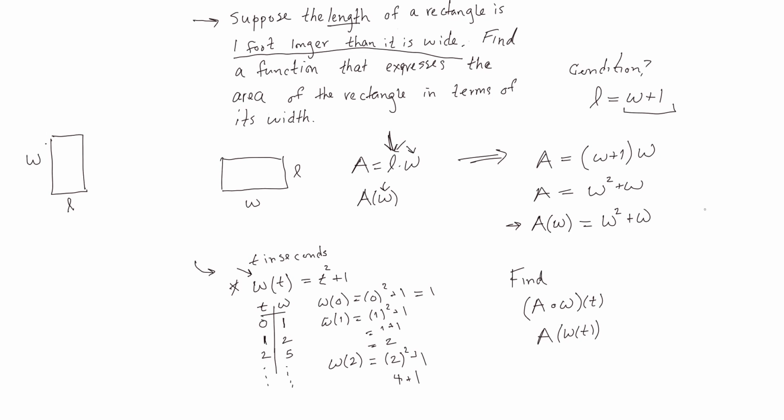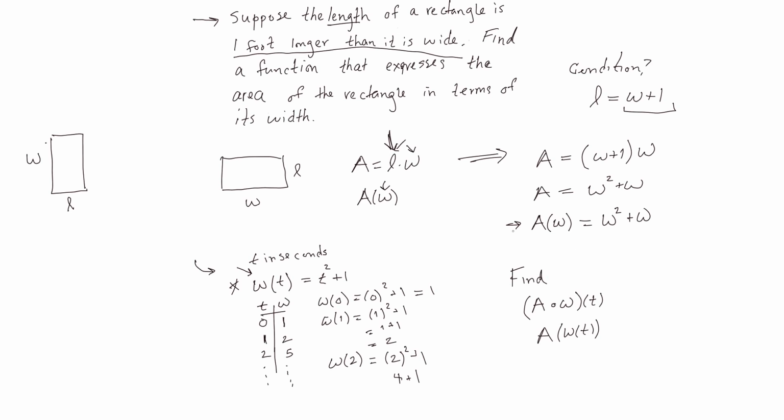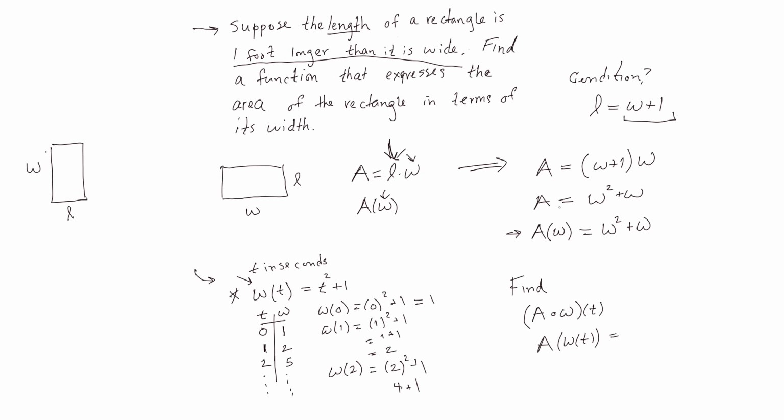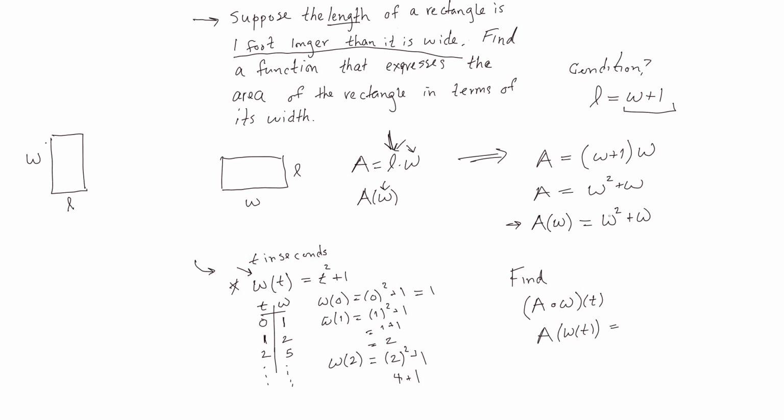A of W of t is equal to, well, we'd have to take our rule for W of t and put it into our rule for A, wherever we see W. So that's going to be this. So see, the first thing when we put a W into our function for A, we get W squared. So we have to take our rule for W, which is t squared plus 1, and then square it.